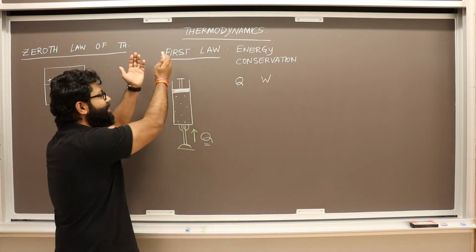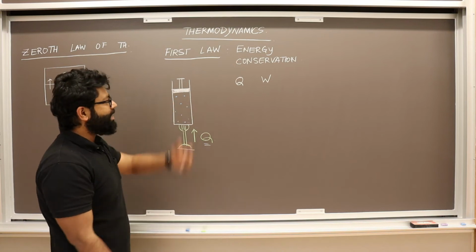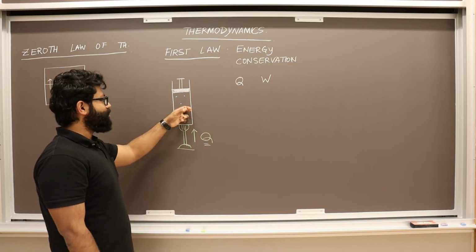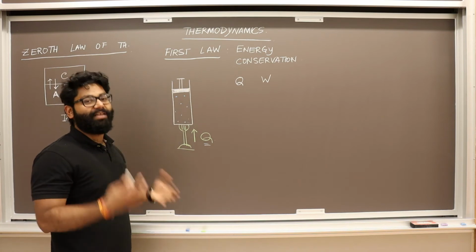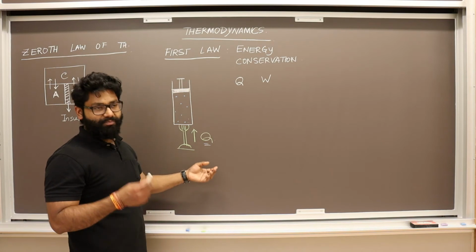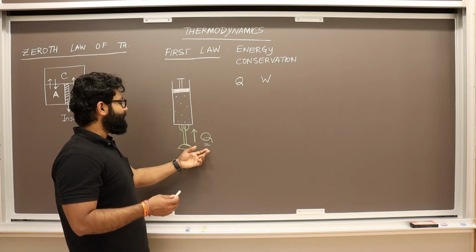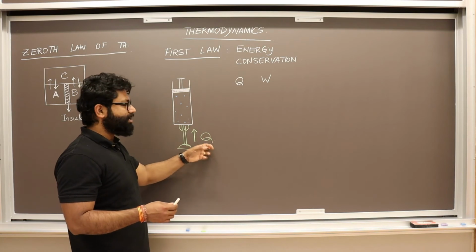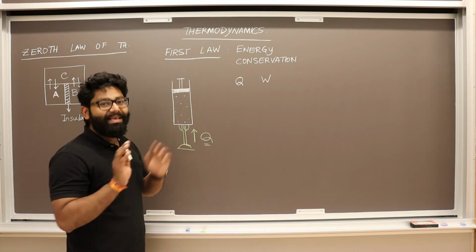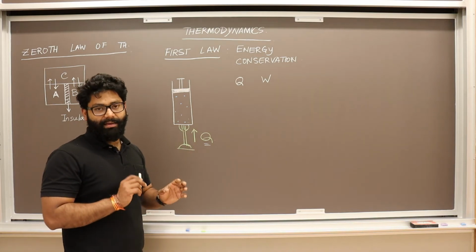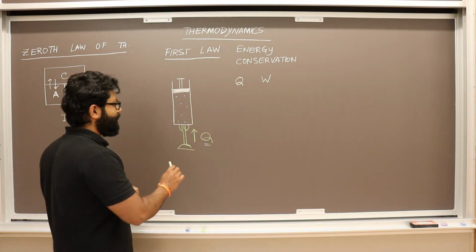If you expand the gas, you're doing some work. The remaining goes into the molecules' internal energy. Let's assume that you have $100 to spend, and I gave you $100. Now you can use this $100 to either buy something, or save it in your bank account. So it's like that.